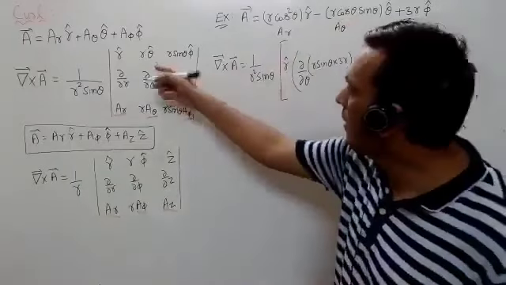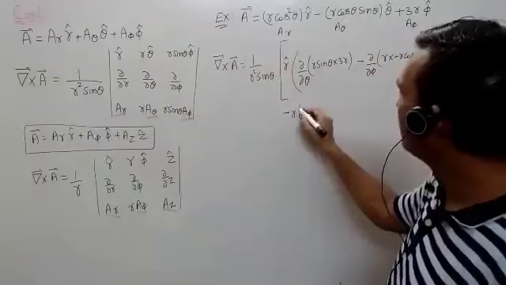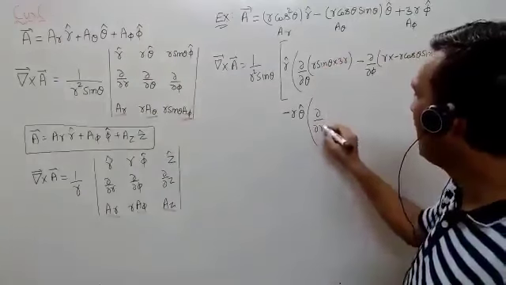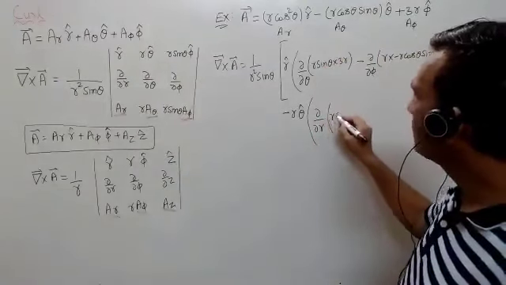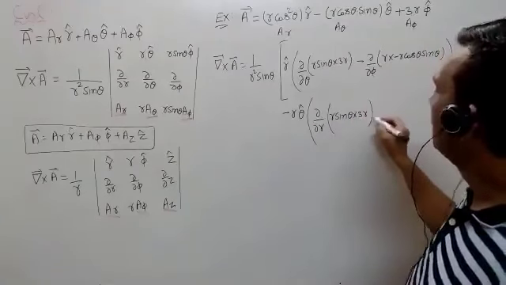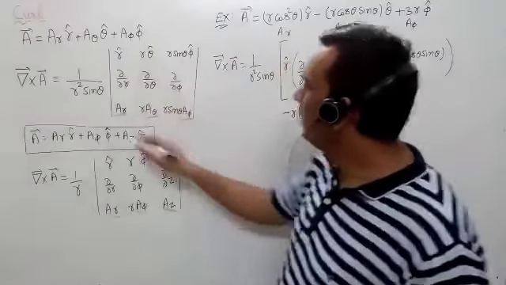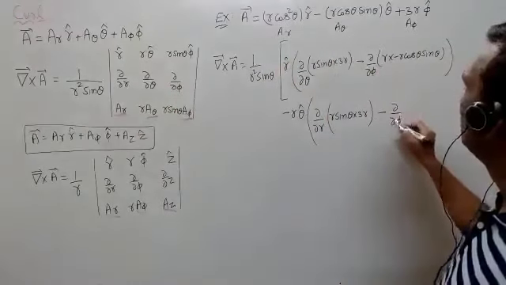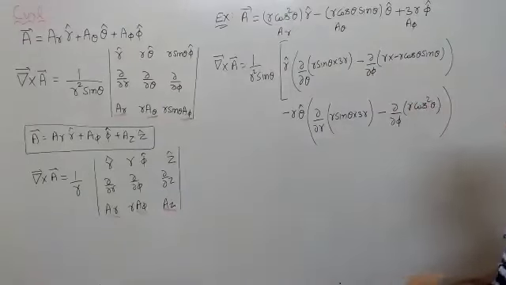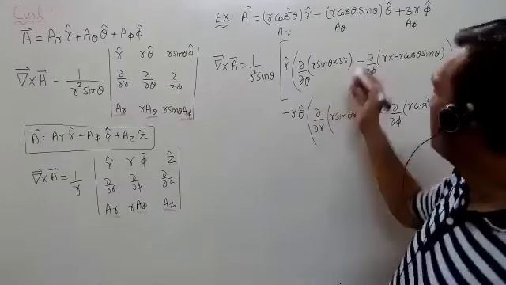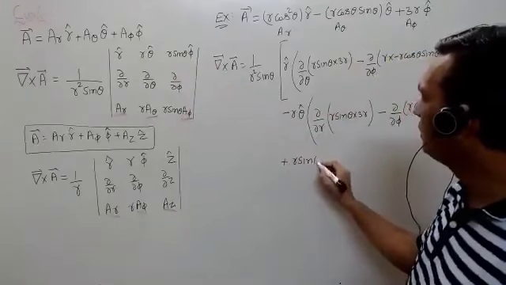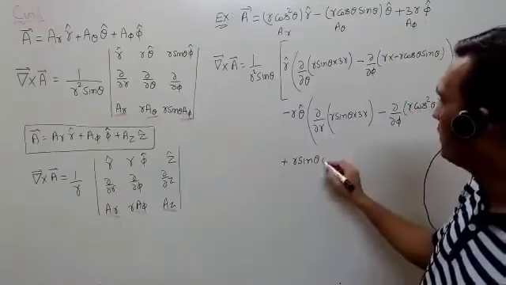And then you have to see minus r theta cap term. So minus r theta term is del r sine theta into A phi. A phi is again 3r and minus del phi into ar. This is r cos square theta. And then last term is plus r sine theta phi cap.